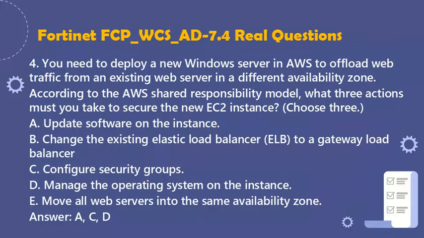B. Change the existing Elastic Load Balancer, ELB, to a Gateway Load Balancer. C. Configure security groups. D. Manage the operating system on the instance. E. Move all web servers into the same availability zone. Answer: A, C, D.